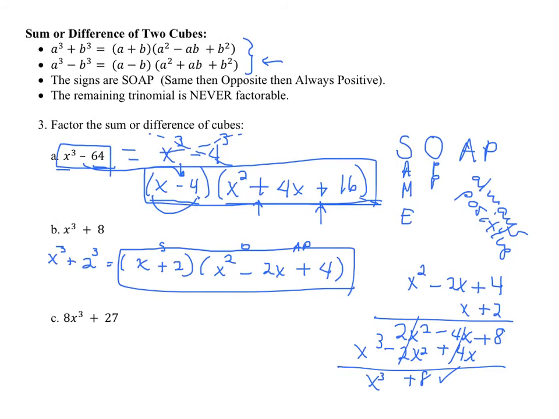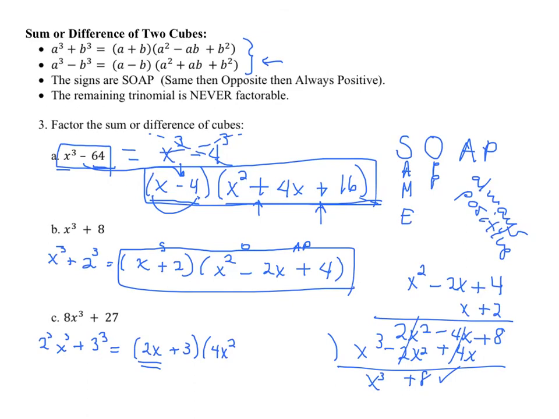Now let's do C. What happens if I have a leading coefficient in there? Well, the minute I see a leading coefficient, I try to factor anything out. This one you can't. So we're going to write it with cubey guys. Are you ready? 8 is 2 cubed. Then I have my little x cubed. 27 is 3 cubed. So you write it down without the cubey guys. Now we're going to square the first guy right here, so that's 4x squared.